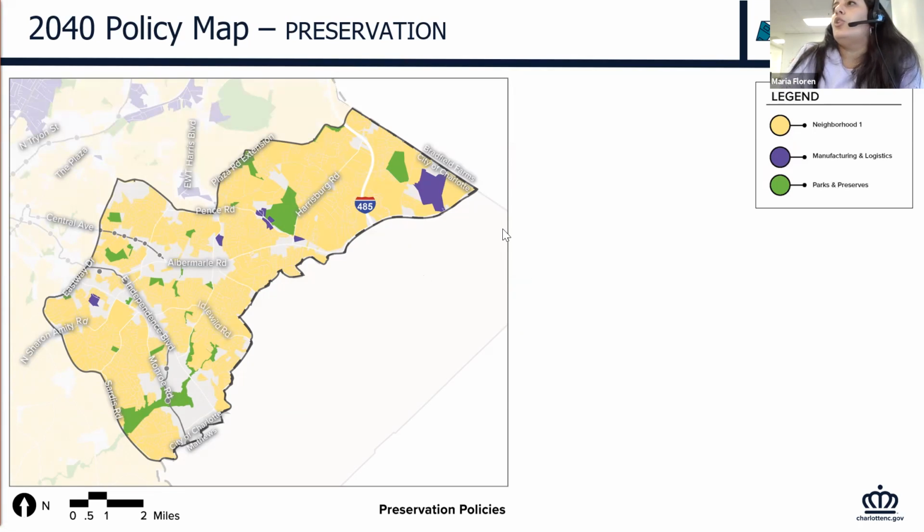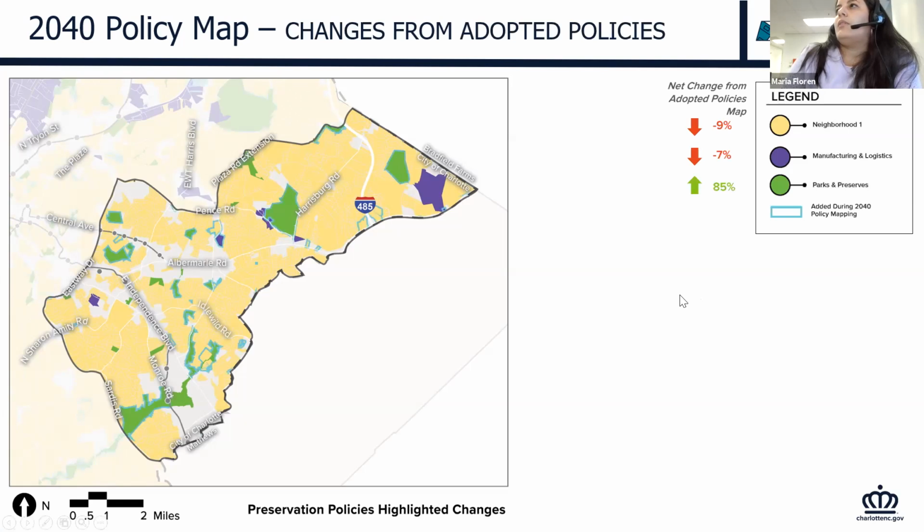So you can see where we identified those place types and mapped them here. And from here, it looks like neighborhood 1 went down just a little bit, so did manufacturing and logistics, and the parks and preserve spaces went up 85%.